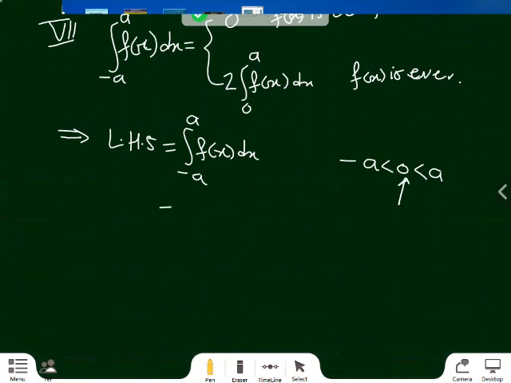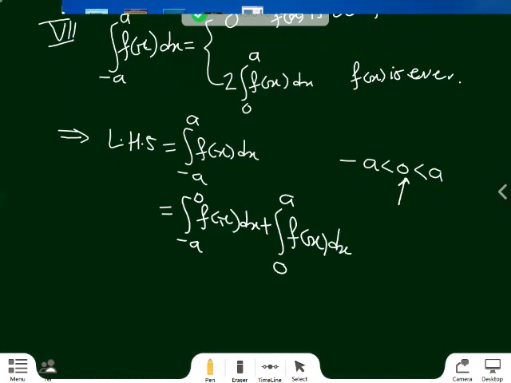So this LHS becomes integration from minus a to 0 f of x dx plus integration from 0 to a f of x dx. This is the value of LHS.